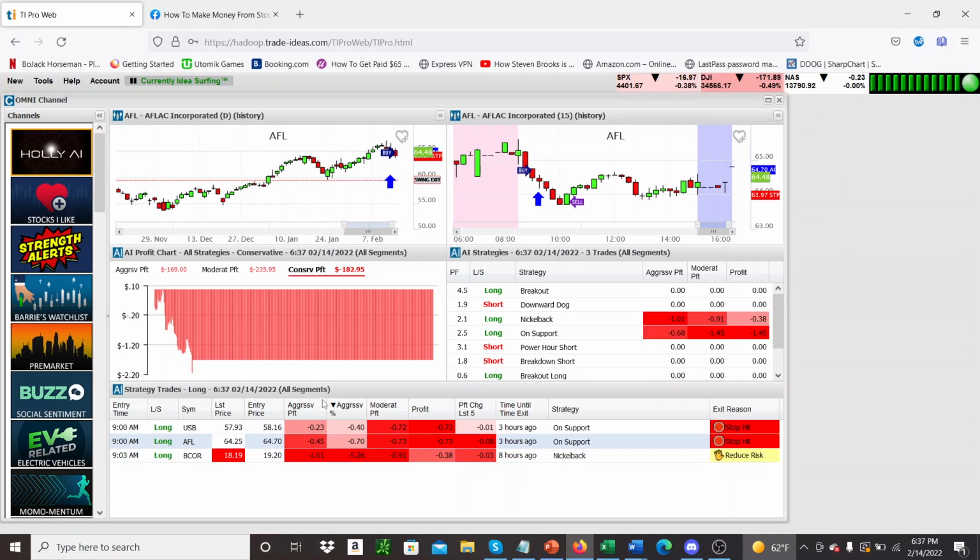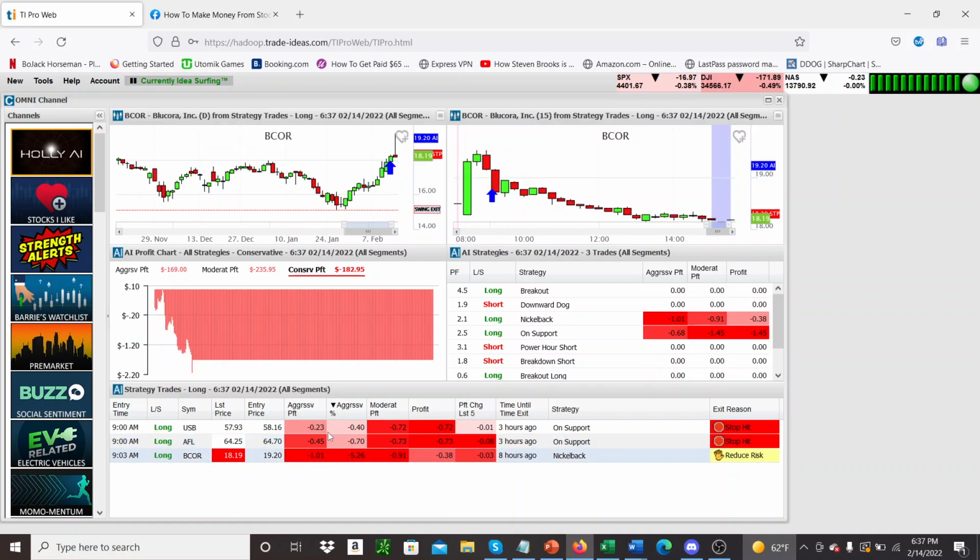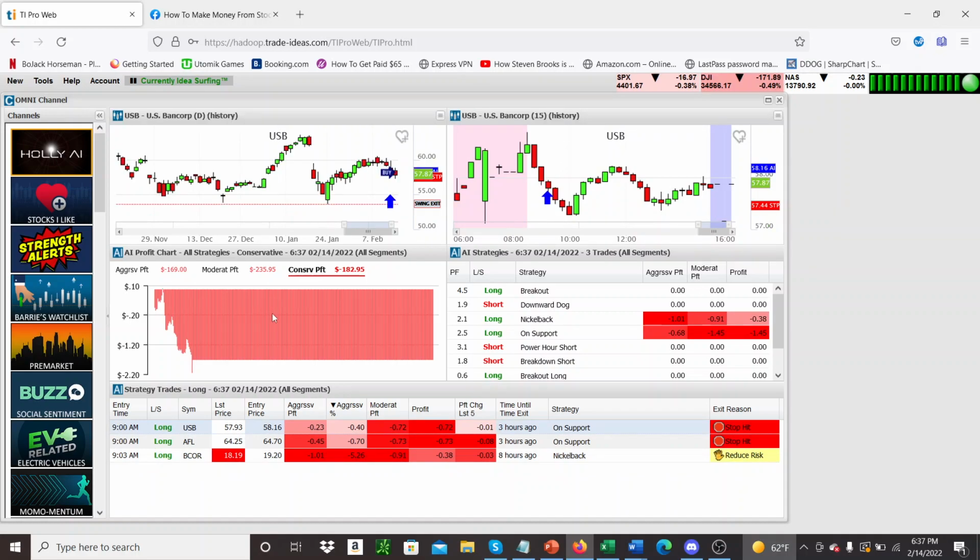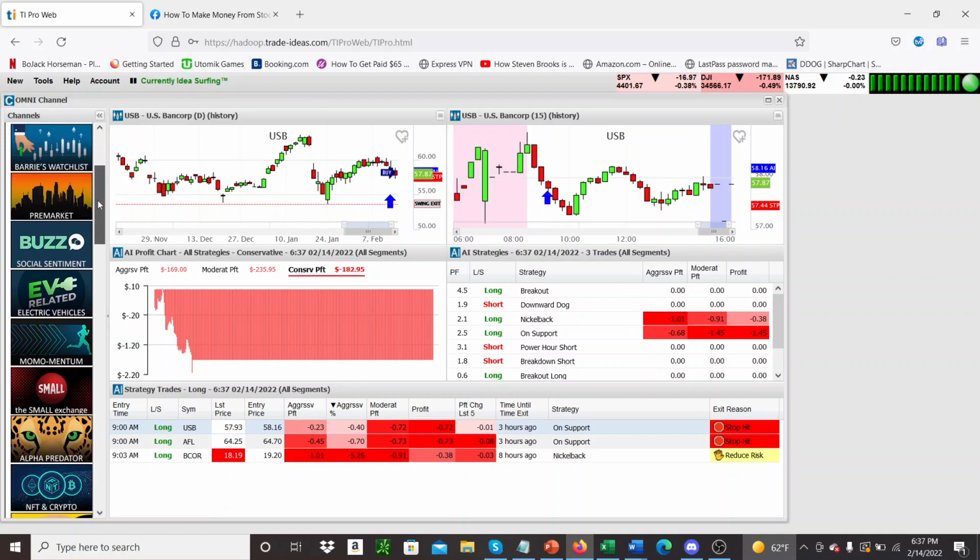So far, I can't figure out what these things are. I don't want to be swing trading, I want to be day trading, so how do I set it to that so that I'm only getting shorter term trades? It's just clunky, I think that's the best word for it. Clunky and confusing. I can see the power in it, but I'm really not over the moon about this whole thing.